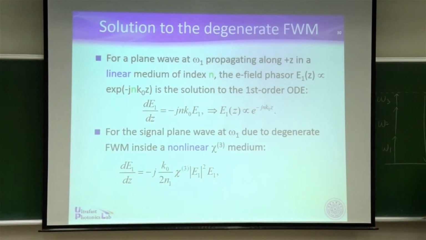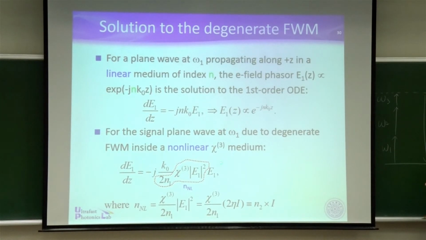Now, let's compare our equation. For the signal plane wave at frequency omega 1, but due to degenerate four-wave mixing inside a nonlinear Kerr medium. Okay, now we have nonlinearity. According to the previous slide, the governing equation looks like this. But this is very similar to the governing equation of linear optics.